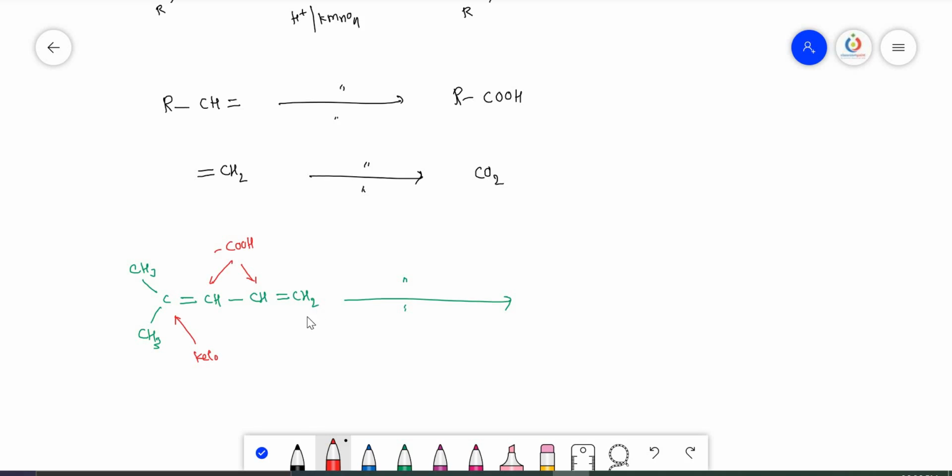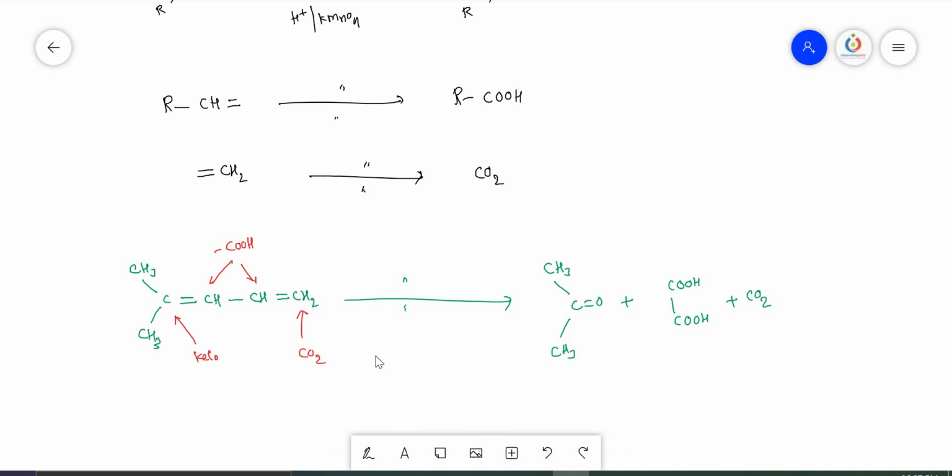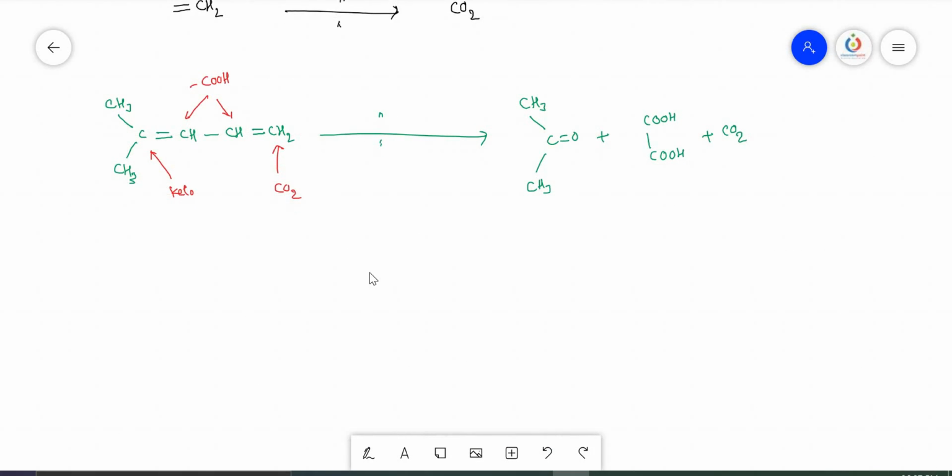And this is a double bond carbon with 2 hydrogens, so this part will be converted to carbon dioxide. So when you write down the product, you will get these molecules. Do not memorize this reaction by heart, just understand the concept. COOH, COOH plus CO2. So this is the reaction. In this way you have to write down the reactions.